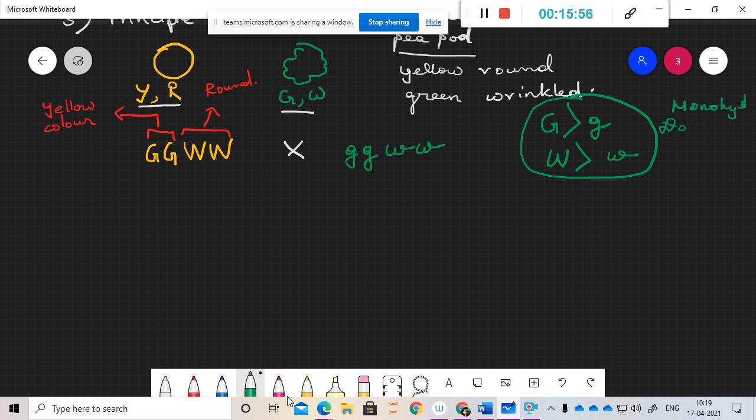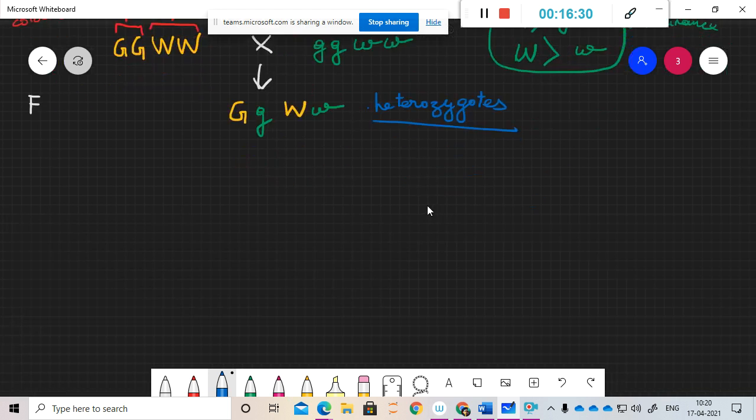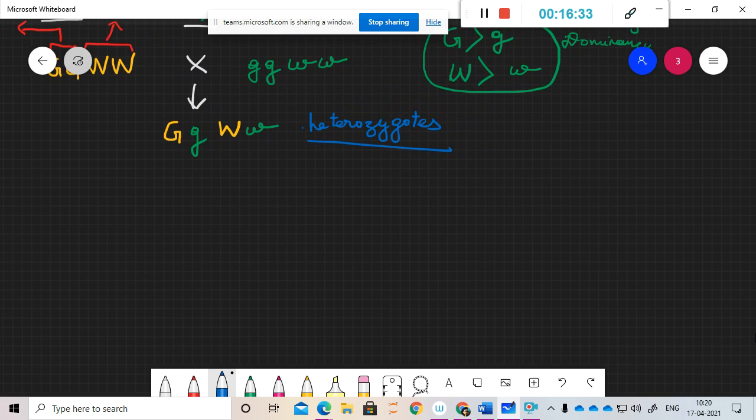Law of dominance. So when this particular cross was done, in the F1 generation, as expected, he got the heterozygotes. And they were selfed.